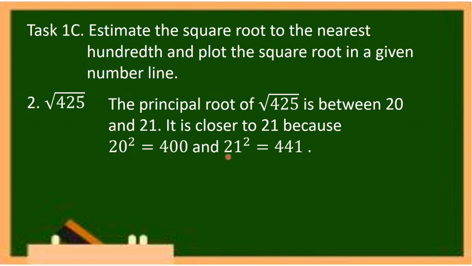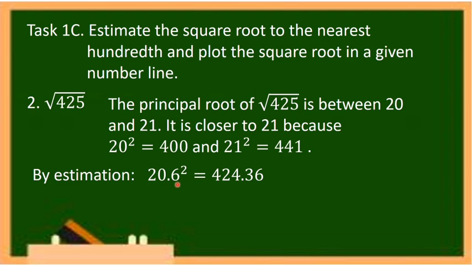And 21 squared, or 21 times 21, is equal to 441. And we choose 21 because 441 is closer to 425.